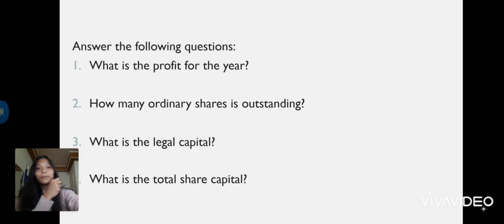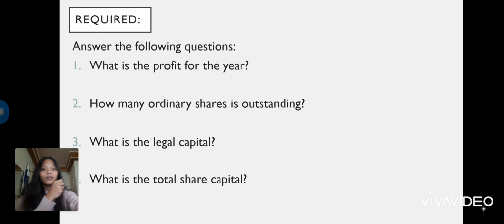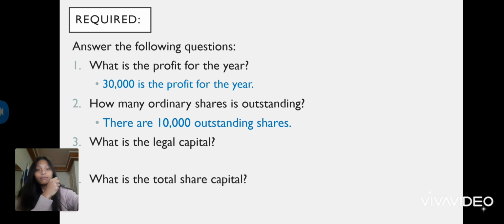For the next requirement is to answer the following questions. For number 1, what is the profit for the year? So the profit for the year was already given, which is the income summary. So 30,000 is the profit for the year. Number 2, how many ordinary shares are outstanding? So there are 10,000 outstanding shares from the transactions or entries that were given earlier.